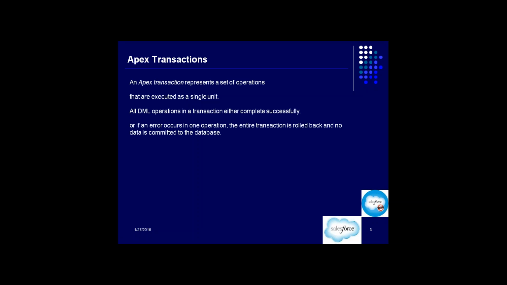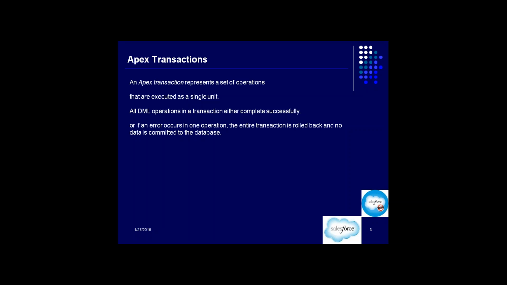I want you to understand this concept. So if there is one transaction, all the DML operations inside that transaction get completed successfully, or the entire thing gets rolled back, and no data is committed to the database.